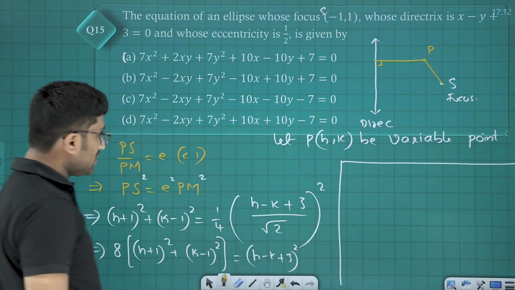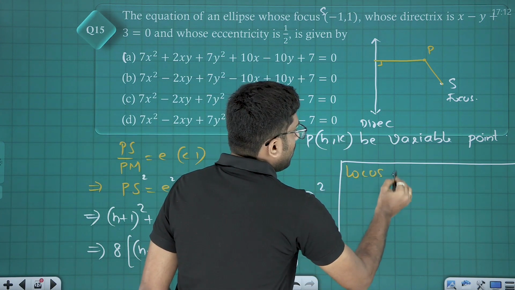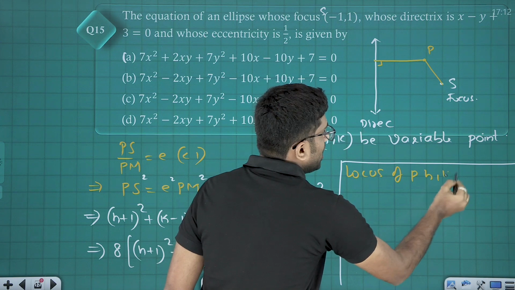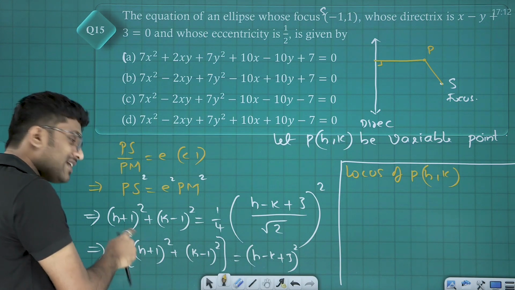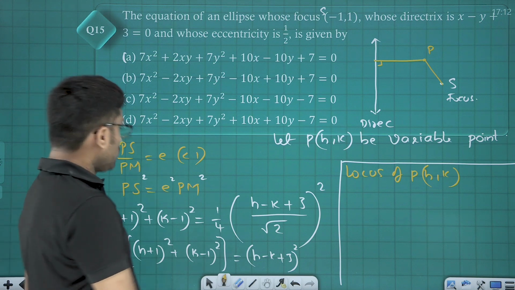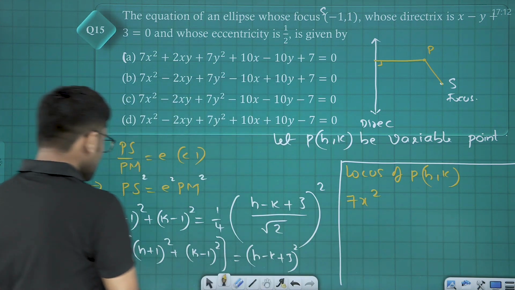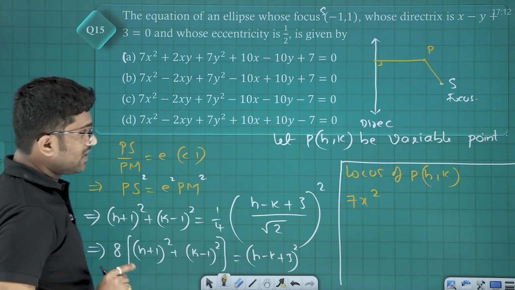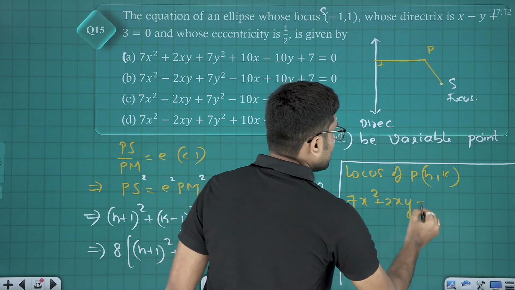Now if we simplify this, then we get the locus of P of h comma k. When do we get the locus? When we replace h comma k with x comma y. Simplifying this, we get 8x square minus 1x square is 7x square, plus 2xy plus 7y square.